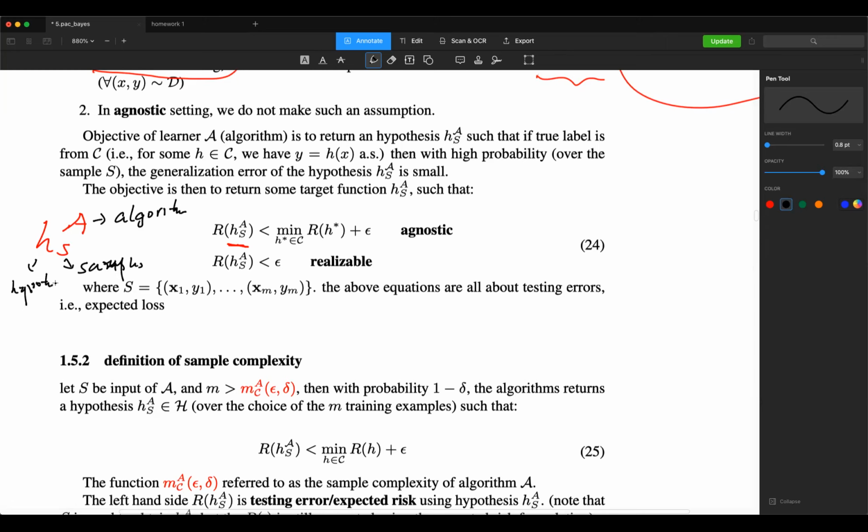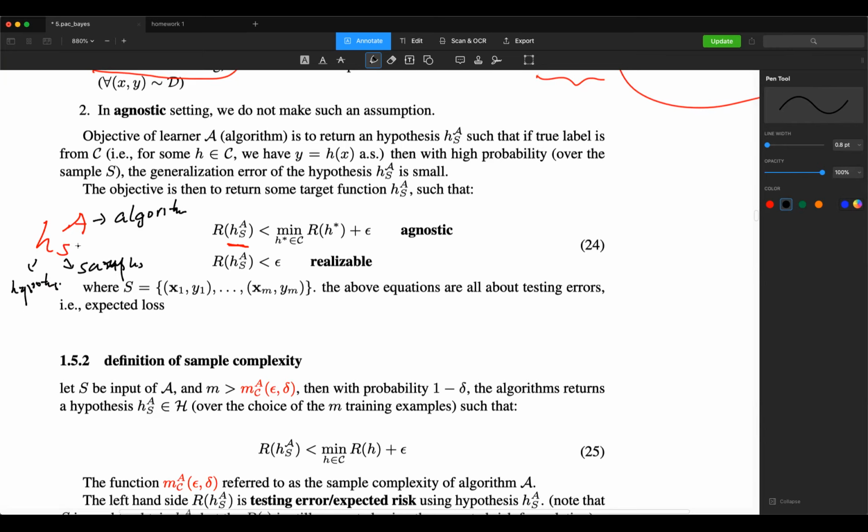When you put these three together, H is the hypothesis, A is the algorithm, S is the set of training data, your sample set. What does that mean?